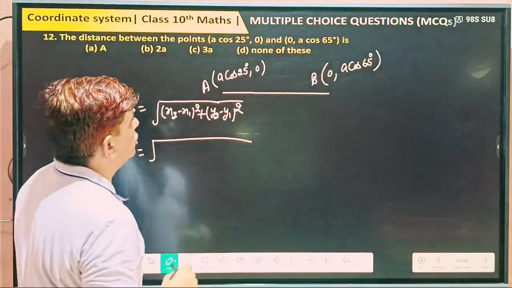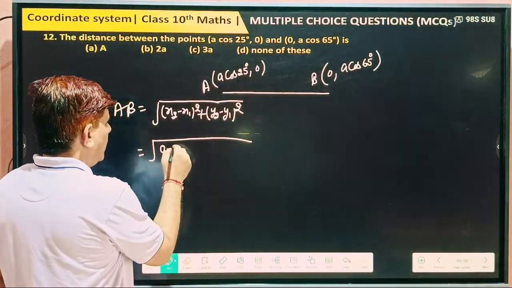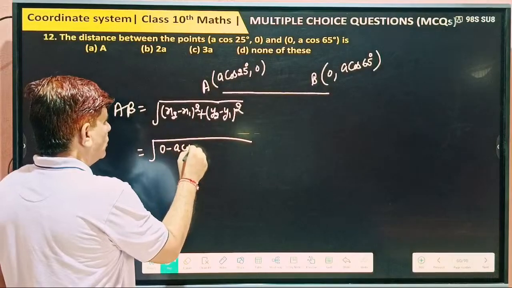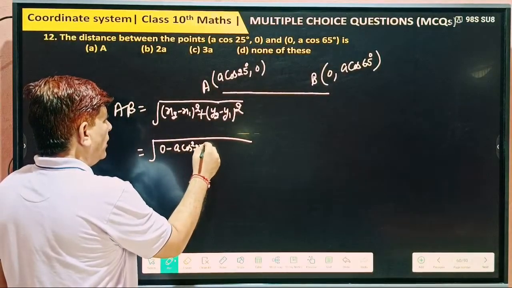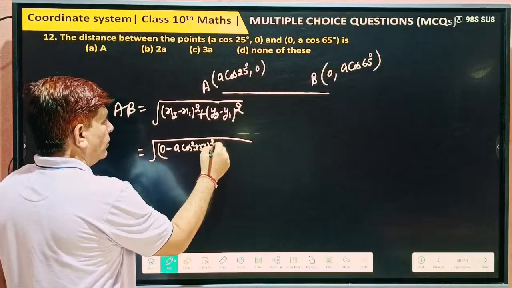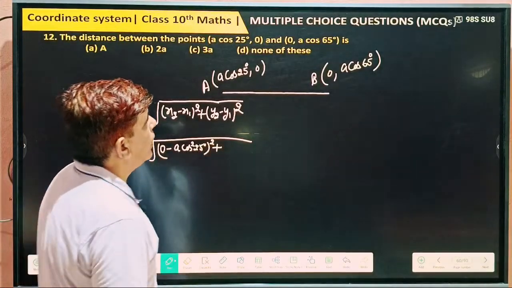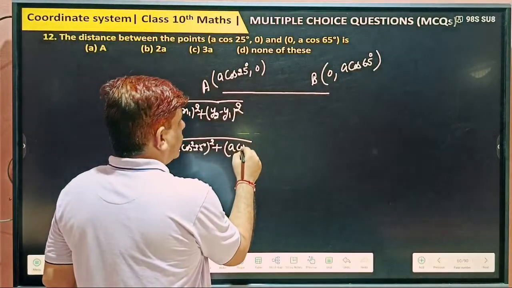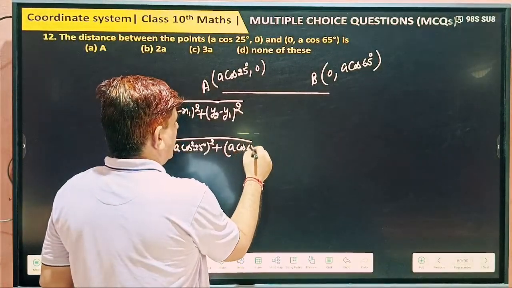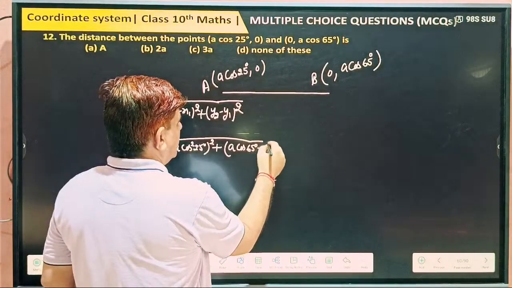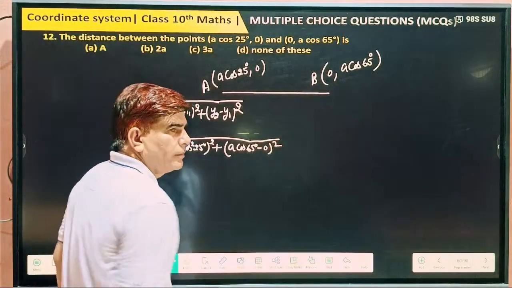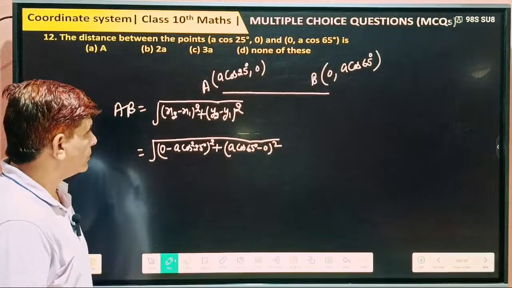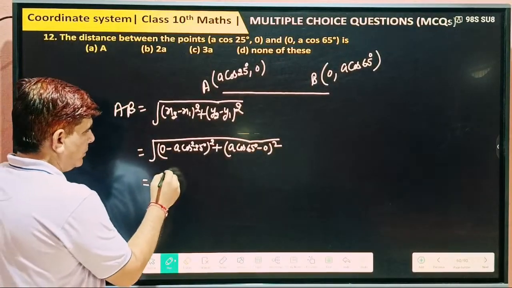So what's your AB? B is 0, 0 minus A cos 25 degree whole square plus y2, A cos 65 degree minus 0 whole square. Understood? What does it become?